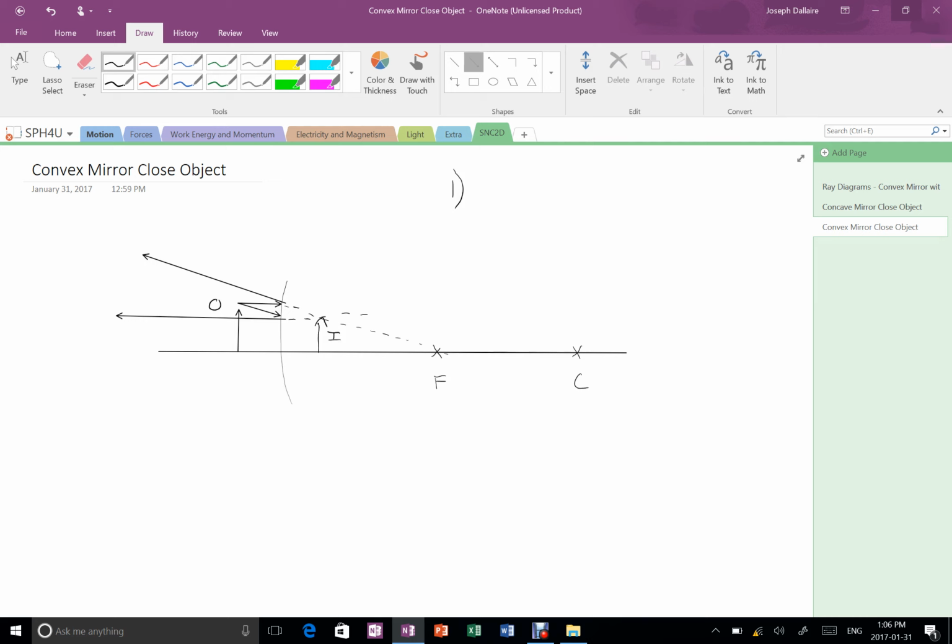Now hold on, I'm just realizing a second here, I didn't write out what's going on with that second ray. For the second ray, I am coming towards the virtual focal point, then bending parallel.